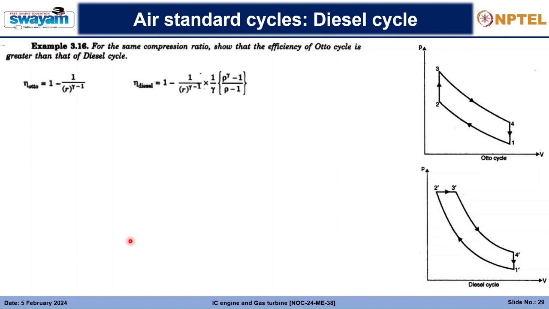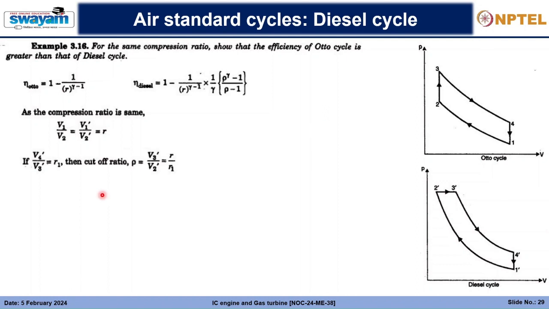So we know these are the efficiencies of the Otto cycle and the diesel cycle out here. This is the Otto cycle and this is the diesel cycle. As the compression ratio is the same, these are the two cycles. This is the Otto cycle and this is the diesel cycle, with the processes dashed for the diesel cycle and not dashed for the Otto cycle.